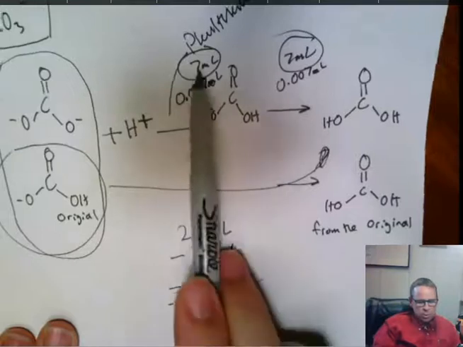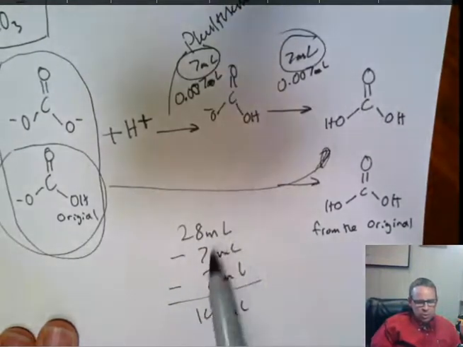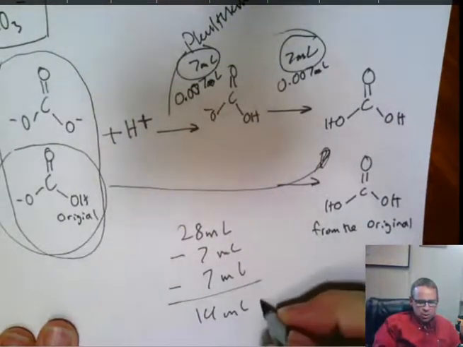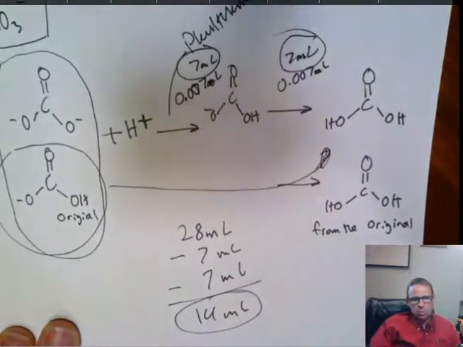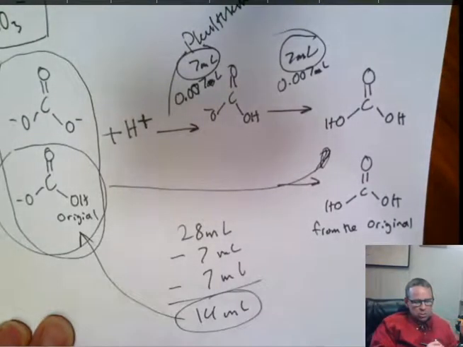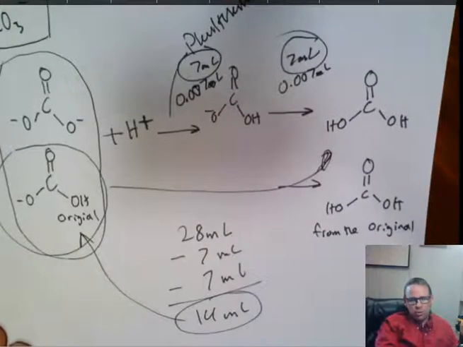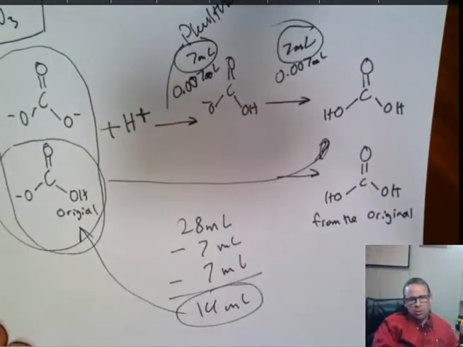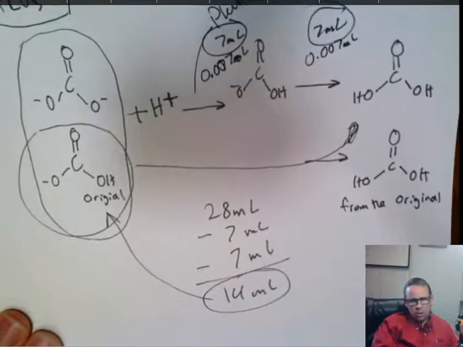So we have to subtract those two units, our phenolphthalein, twice, and the result would be the volume, 14 milliliters, would be the volume related to that original bicarbonate, and thus the original sodium bicarbonate.